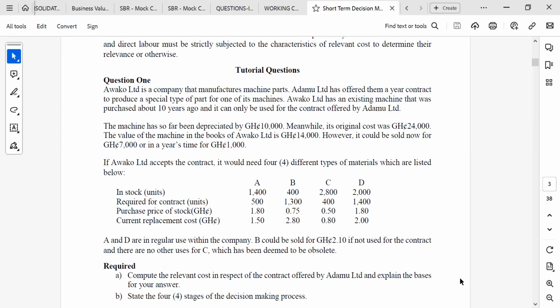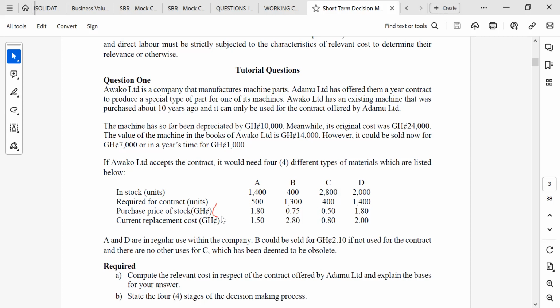Okay, the purchase price. Sometimes they will give you the purchase price as historical cost. They will give you the purchase price as the cost that you purchased it some time ago. So this one, I don't know. This is supposed to be the purchase price of stock, the price that you acquired them at the time of purchase.